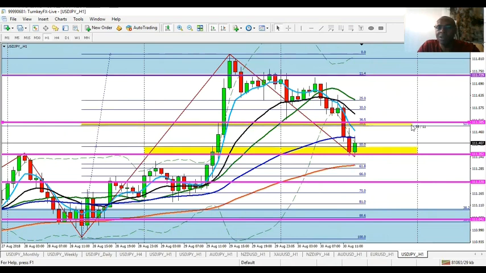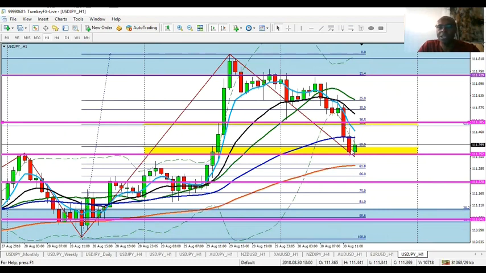So the same for this one here, to the beginning. All right. Look at this. See how this guy came to this support area. Pause. This one had a big candle to break through that guy there.